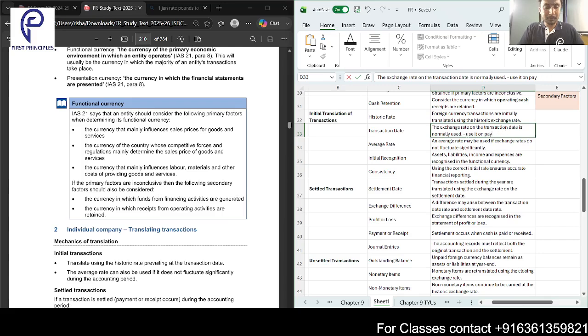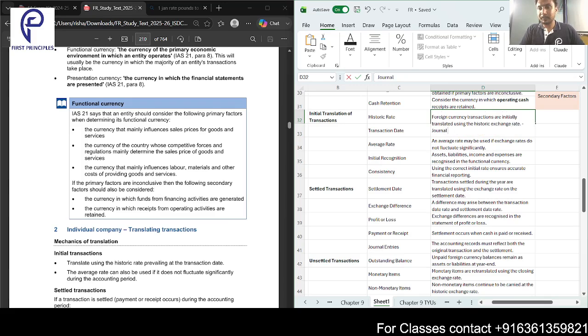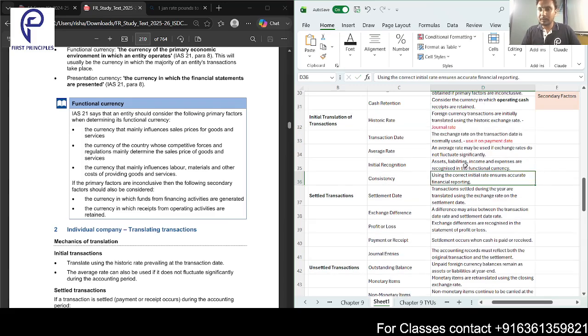And when can you use it? If they do not fluctuate significantly, then you can use the average rate, if you do not get the historic rate.